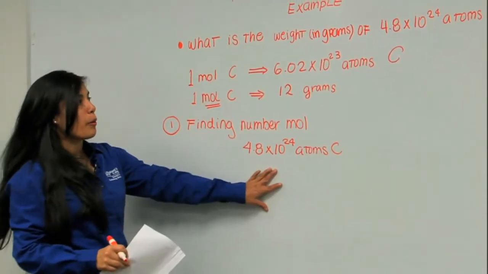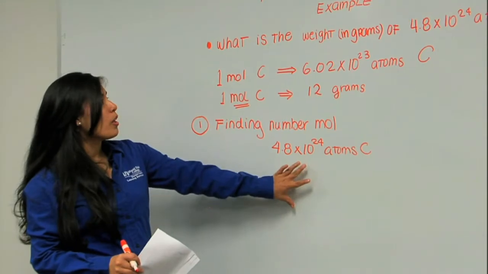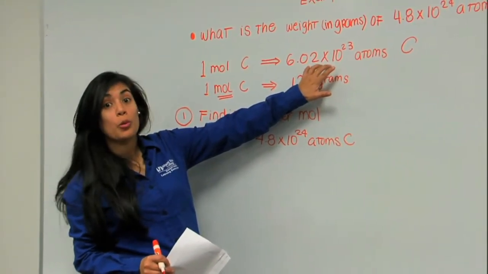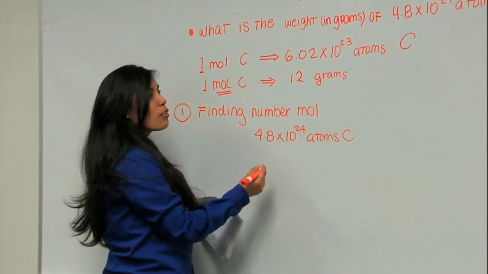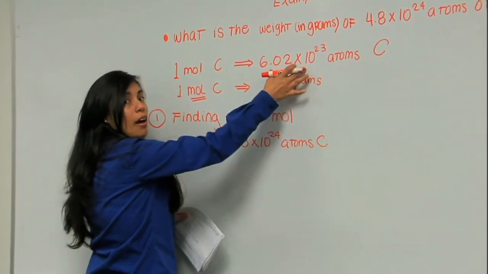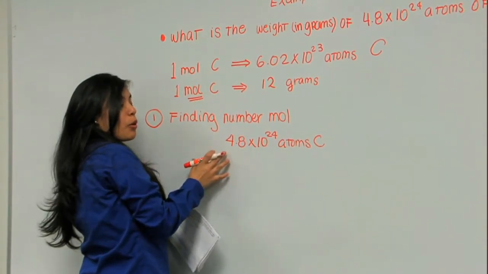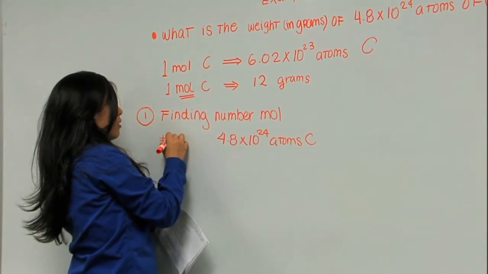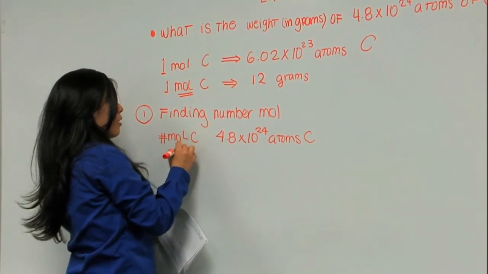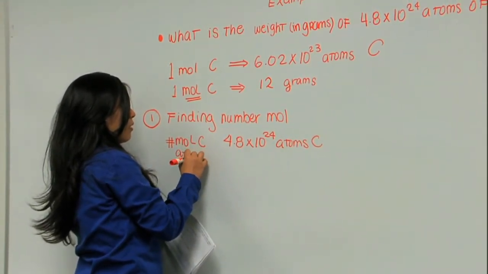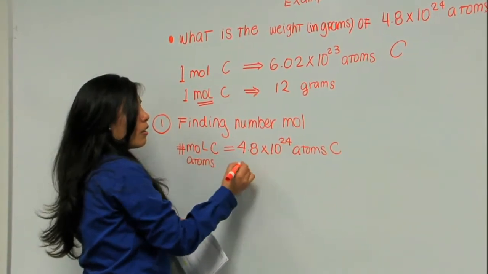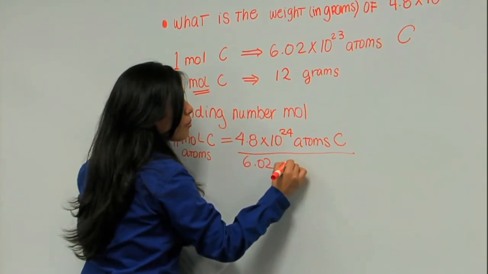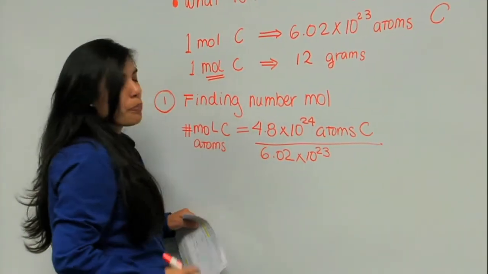That's what they give you in the problem. But you also know that 1 mole is equal to 6.02 times 10 to the 23. So if we divide this by that, we will get the number of moles of carbon that we have. So we are going to divide by 6.02 times 10 to the 23.